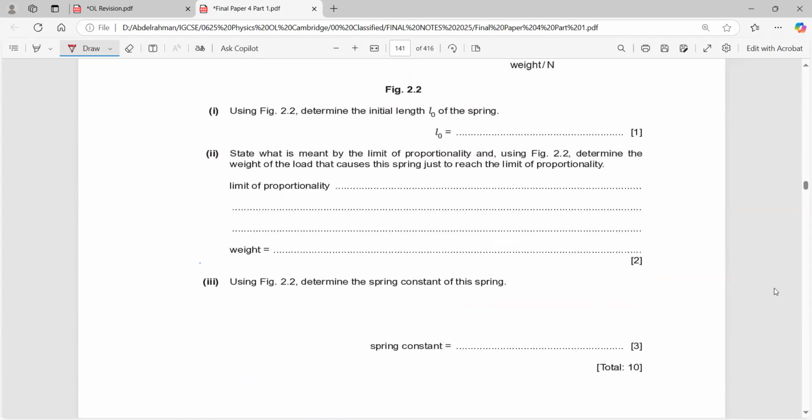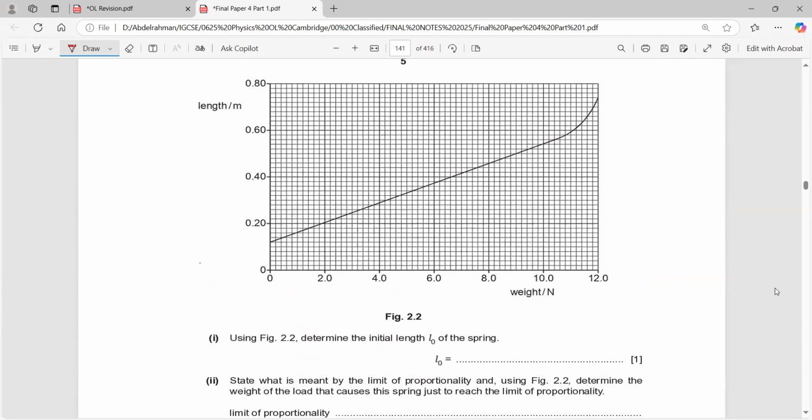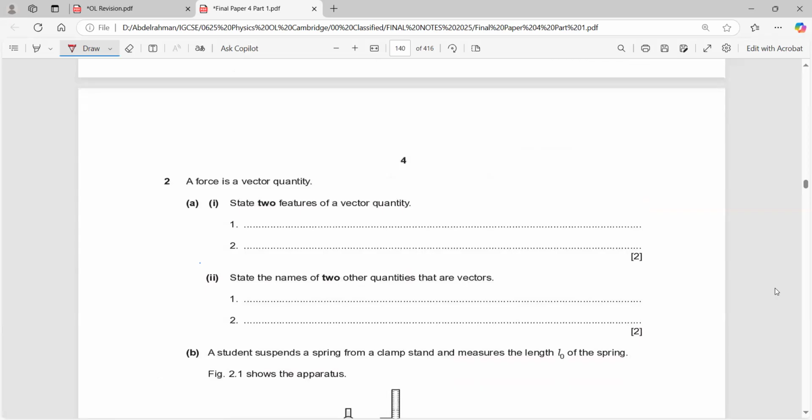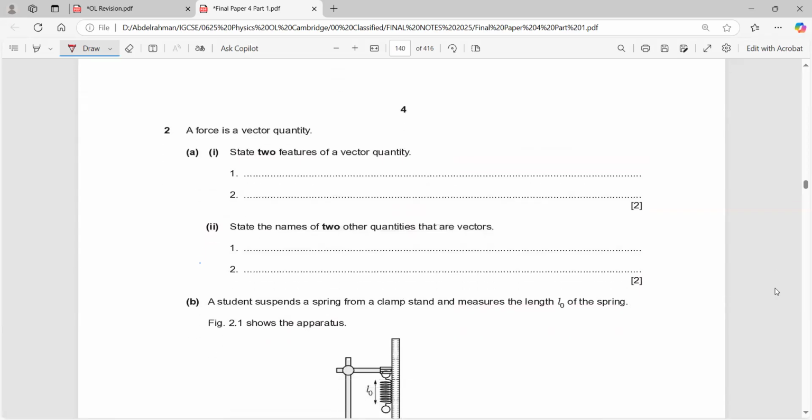Moving on to the previous question. A force is a vector quantity. State two features of a vector quantity. This is an easy question. What are the vectors? It has a magnitude and a direction.